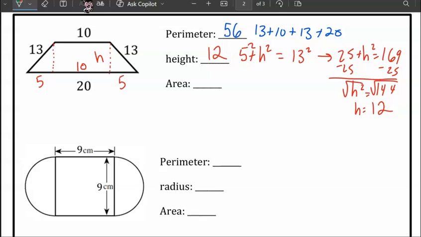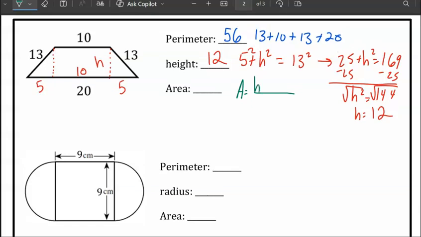Now to find the area, let's recall the area formula for a trapezoid from the previous page. A equals h times b1 plus b2 all over 2.